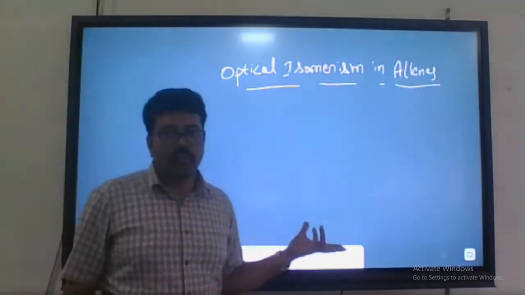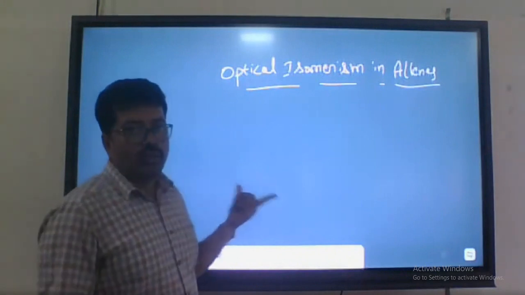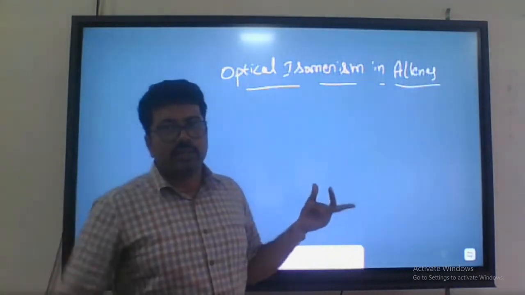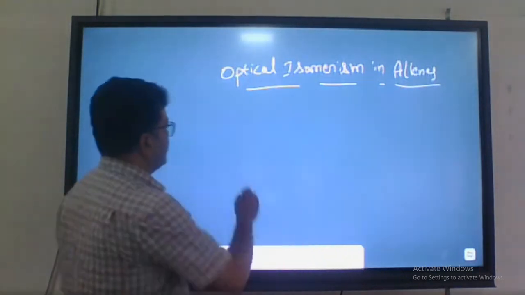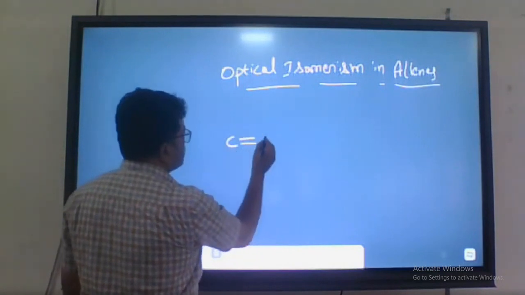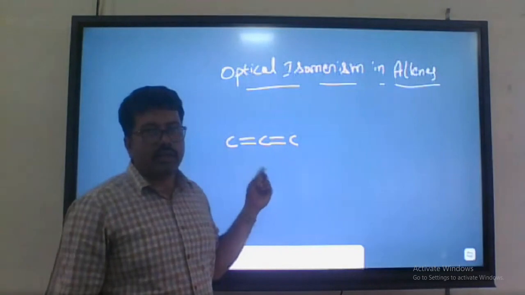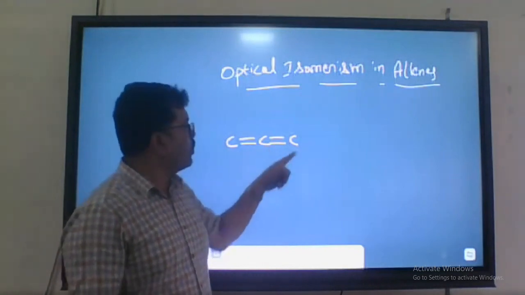Allenes are compounds with two or more double bonds overlapping side by side. So this is an allene. Allenes are compounds with two or more double bonds.